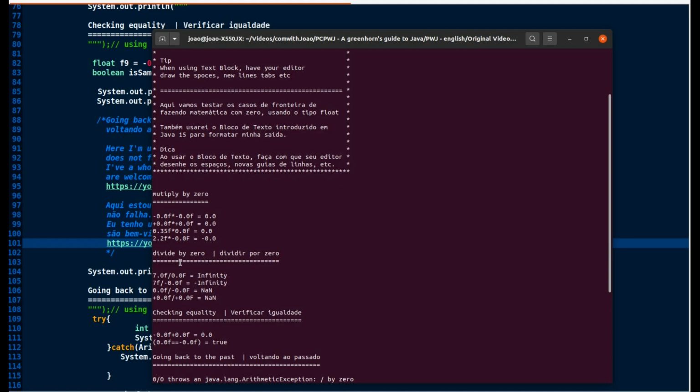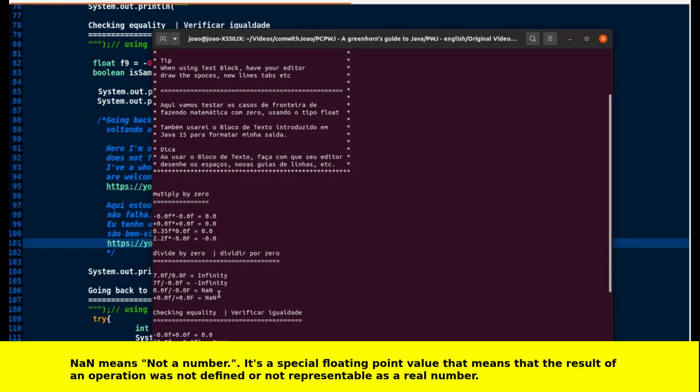Dividing by zero: when you divide by positive zero, I'm getting an infinity; by a negative zero, I'm getting a negative infinity; and when you divide 0 by 0, I'm getting undefined, which is a NaN in Java.